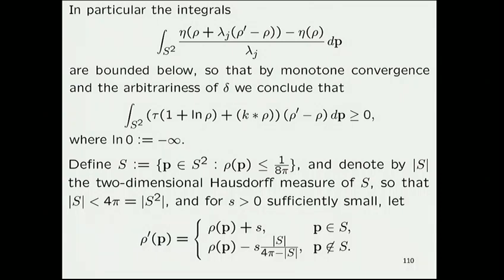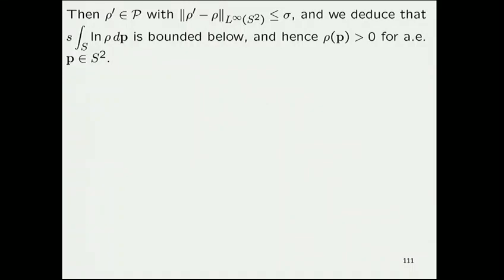And then on the rest of it, you have to subtract off the correct multiple of s to make sure that the integral of rho prime is 1. Then rho prime is a probability measure, and rho prime minus rho in L infinity is less than or equal to sigma. And so that means that, so let's go back.